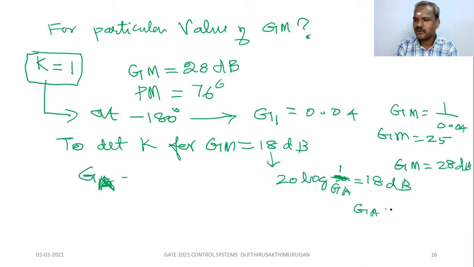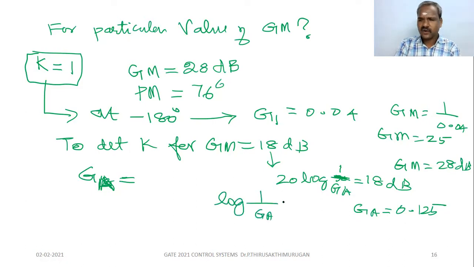I am getting approximately 0.125. Taking log 1 by GA equals 18 by 20, then 1 by GA equals 10 power 18 by 20.